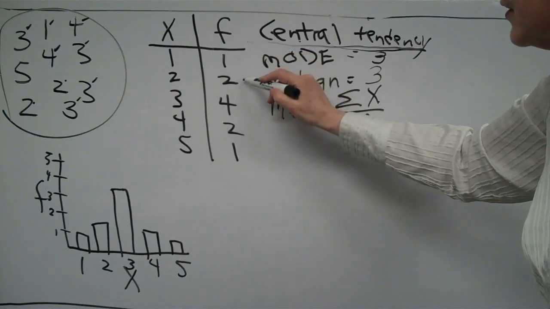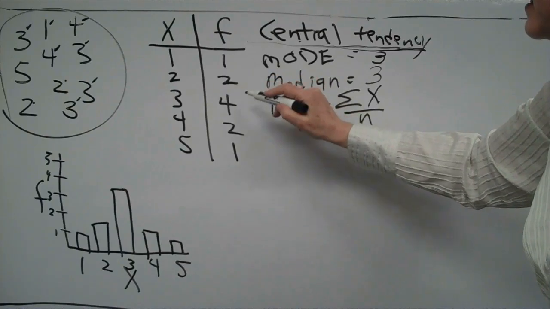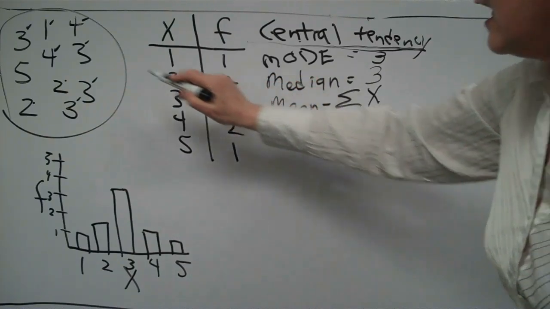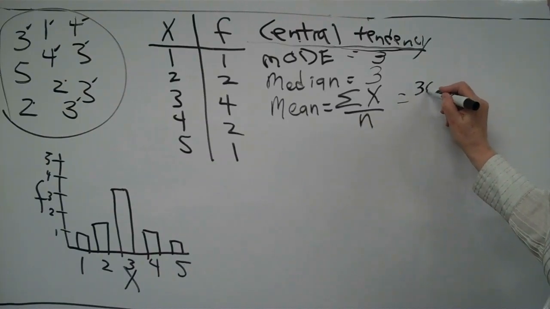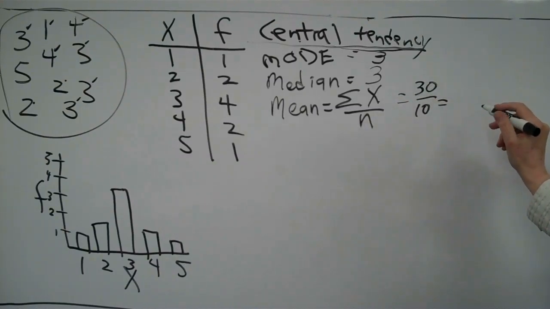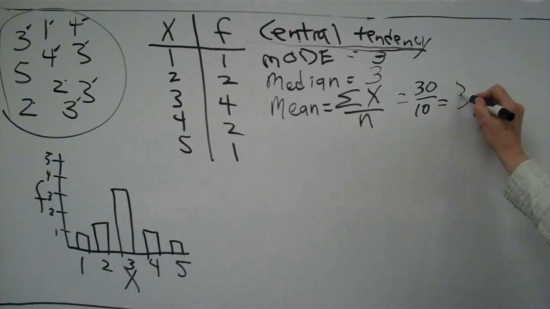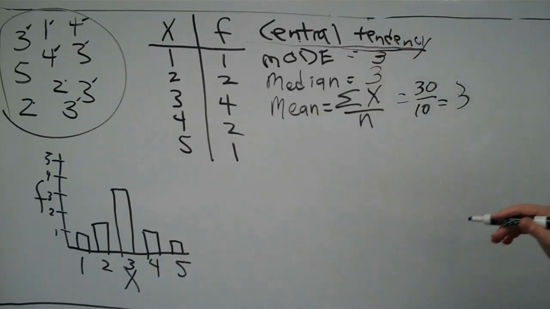So 1 plus 2 is 3, plus 2 makes another 5. We add these all up, and we're going to find that we have a sum of 30. And there are 10 scores. So the mean is equal to 3. These are 3 measures of central tendency.